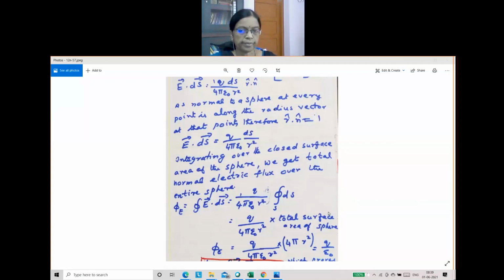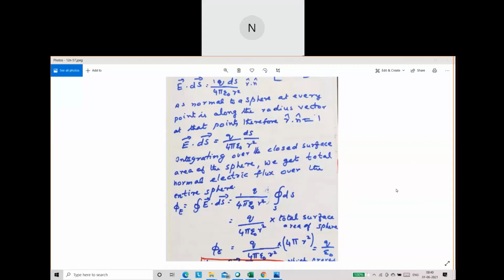But then we proved the equation. Integral. Nivedita, what is the equation for Gauss's theorem?